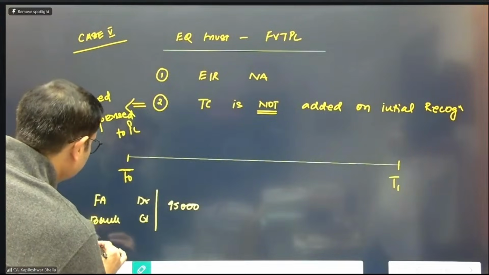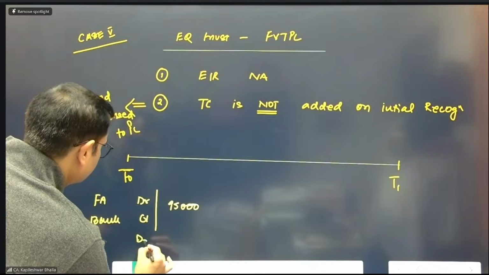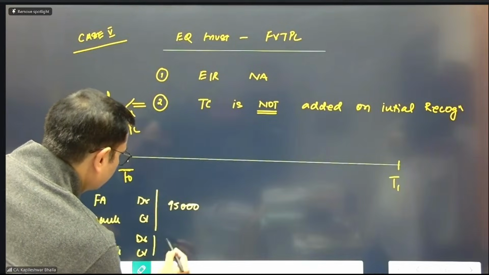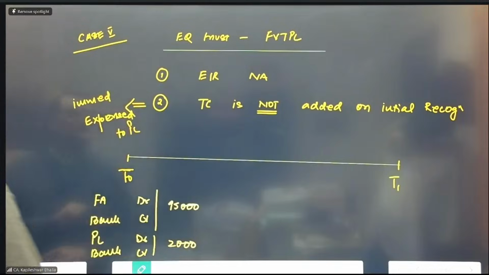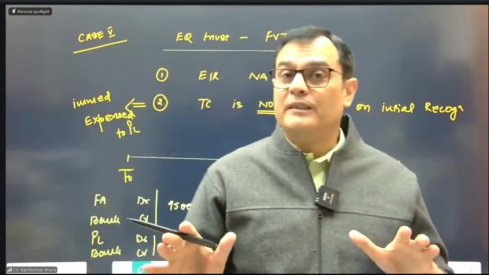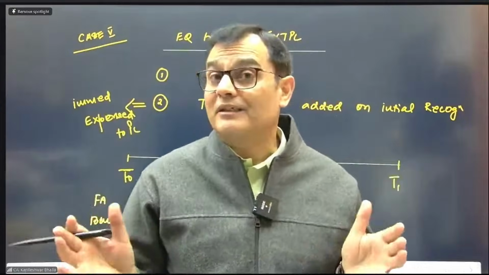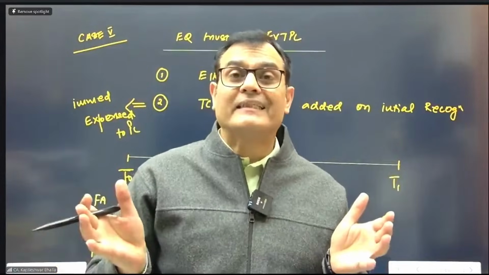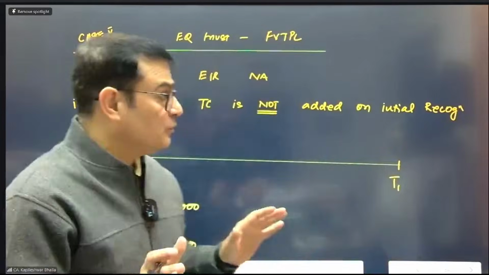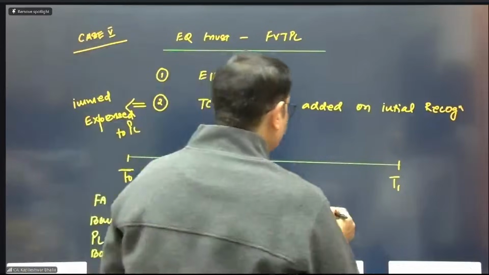And of course, you're going to put the entry that profit and loss gets a debit and the bank gets a credit. This is to the extent of TC, which is immediately expensed in the P&L. So you're going to see that the debt investments and the equity investments at FVTPL are not different. The accounting for debt and equity investments at FVTPL is absolutely the same.